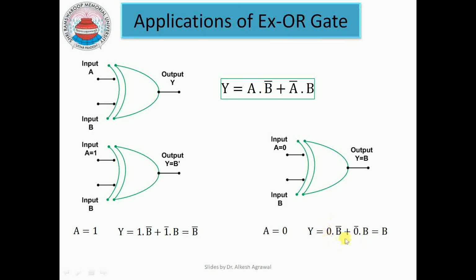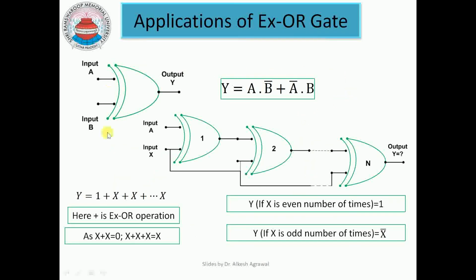So this is 0. 0 inversion is 1, so 1 and b is b. So these are two important applications of the XOR gate. That is, with one input as 1, we get output as the inversion of the second input, and when one of the inputs is 0, we get the same output as that of the second input that we are giving.